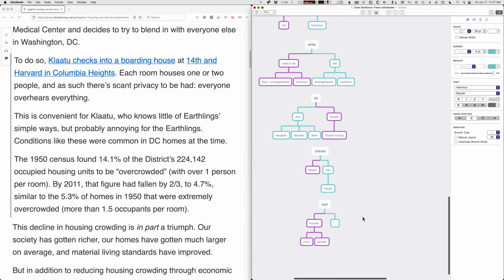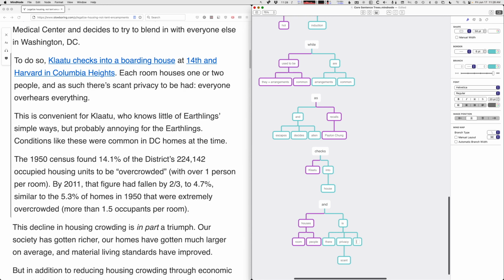And then also, I'm going to ignore the as such. That's a modifier. There is scant privacy. We have is. So there is privacy, which is kind of misleading because scant kind of means not privacy. Anytime you have a not modifier or something similar, it is pretty important. So I'm going to include that. Because if it reverses the meaning of the word and you leave it out, you get a misleading tree.